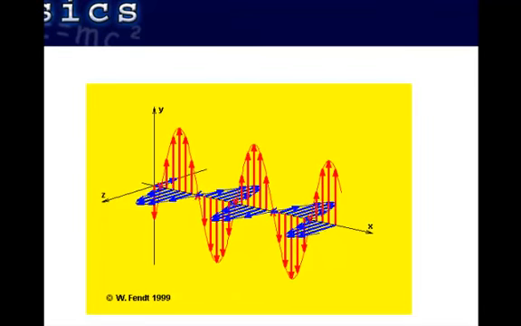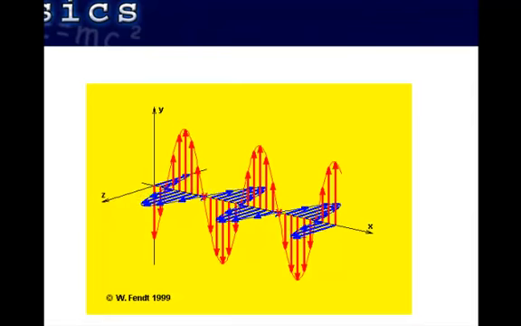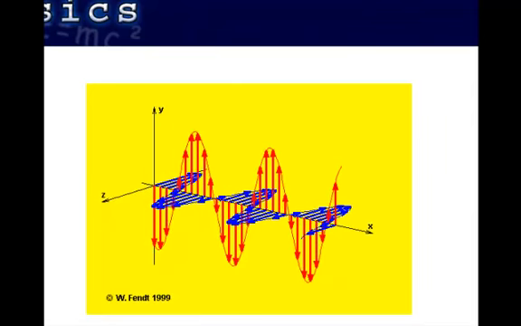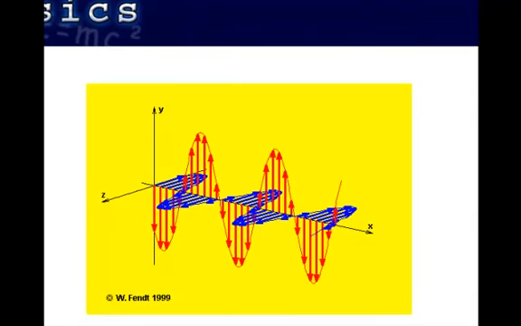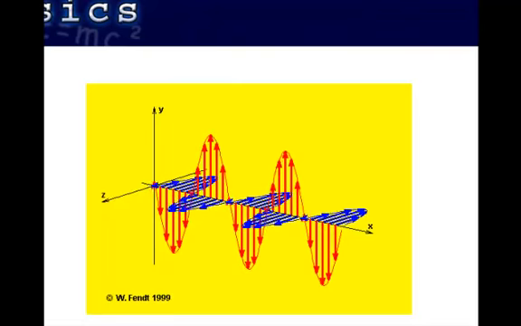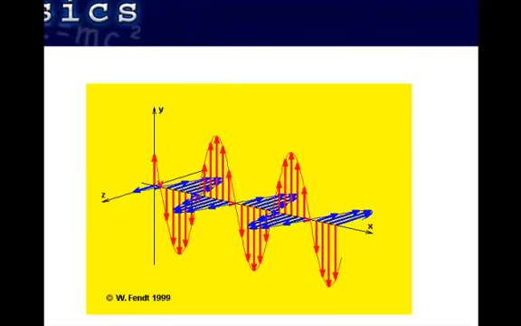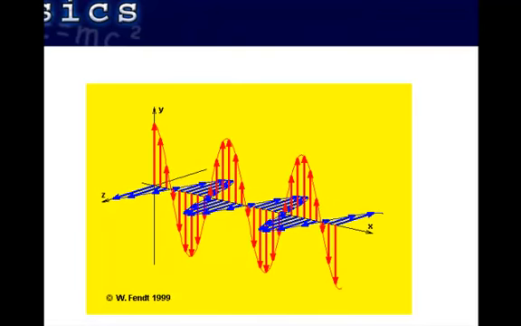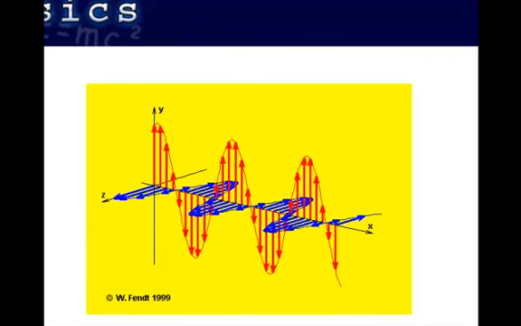Polarization. Remember that light is basically a transverse wave made out of an electric component and a magnetic component. So let's just say that the red part of this wave is the electric component and the blue part of this wave is a magnetic component.